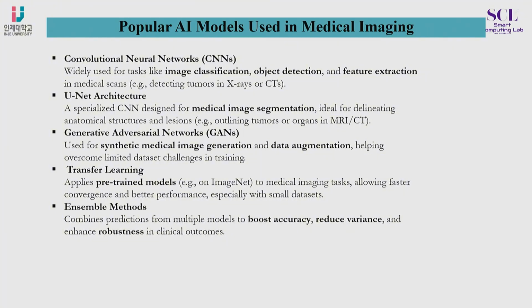And ensemble methods: in an ensemble method, we combine different approaches together to enhance the performance of the model. For example, we can combine VGG16 with ResNet, or a 1D CNN with some other technique. These kinds of things are ensemble methods.